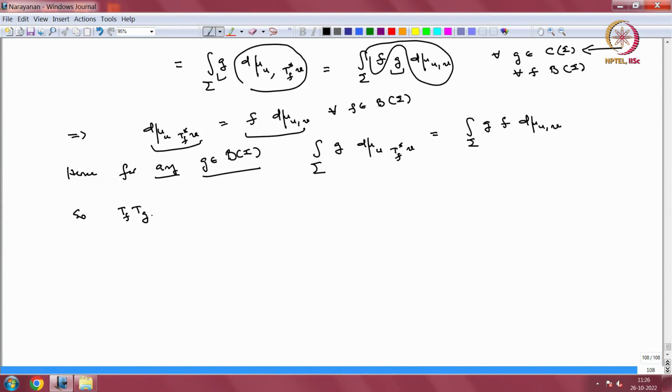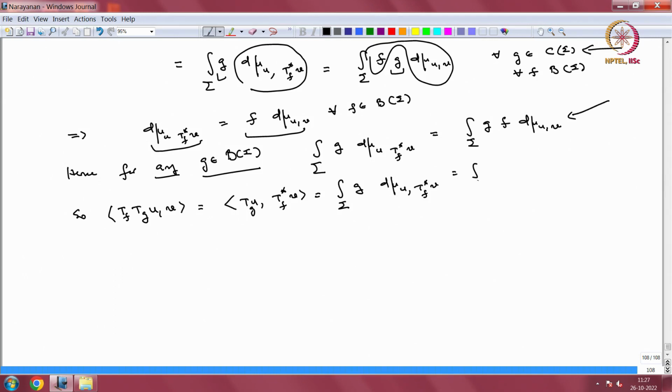<T_f T_g u, v>, if I look at this, I want to say this is T_{fg}, right. So, this is equal to <T_g u, T_{f*} v>, we just take the T_f to the other side, which is by definition the integral over sigma of G d mu_{u, T_{f*} v}, the second vector, but use this.